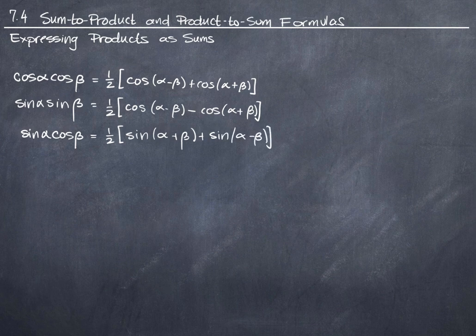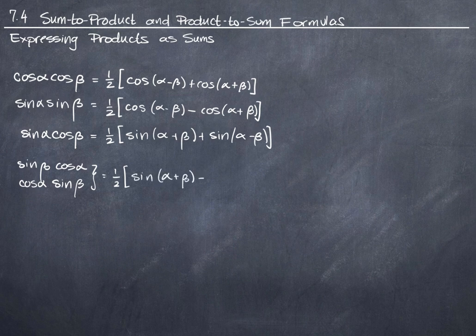And the sine of beta times the cosine of alpha, or the cosine of alpha times the sine of beta, I think that's how your textbook has it. That's equal to 1/2 times the sine of alpha plus beta minus the sine of alpha minus beta.